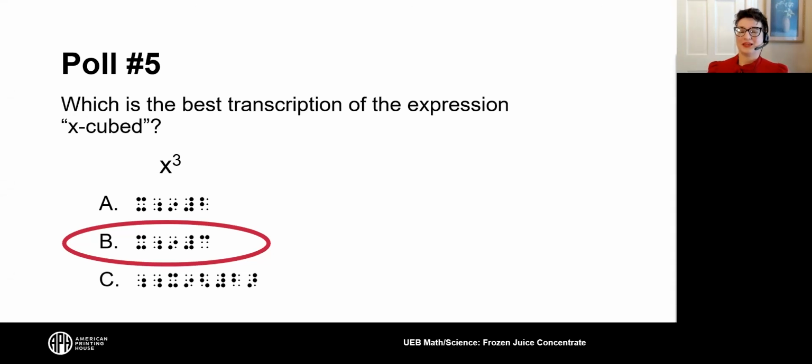Only answer choice B actually shows the number 3 being superscripted. And answer choice C has the whole numeral 2 enclosed in Braille grouping indicators. We know that's unnecessary because a numeral, no matter how many digits it is, is one item, according to the guidelines for technical material.